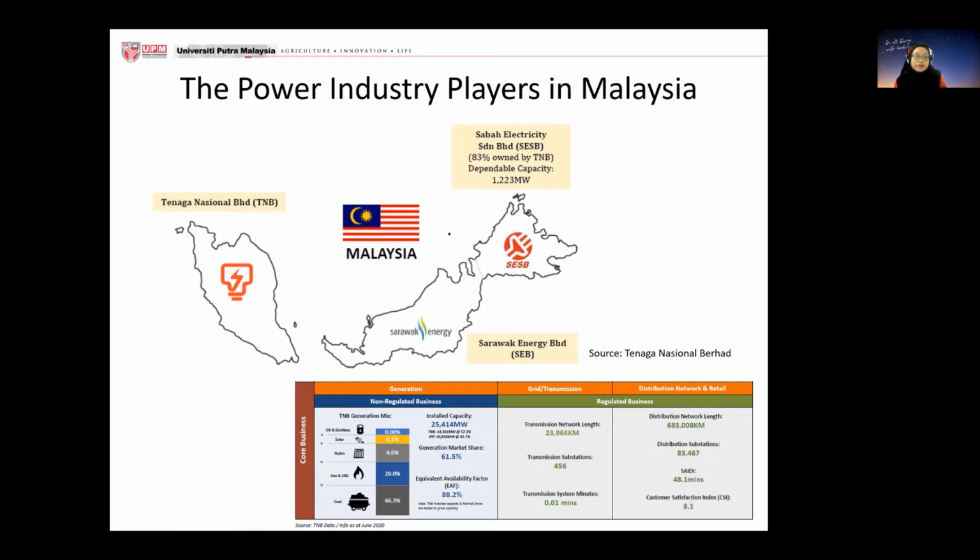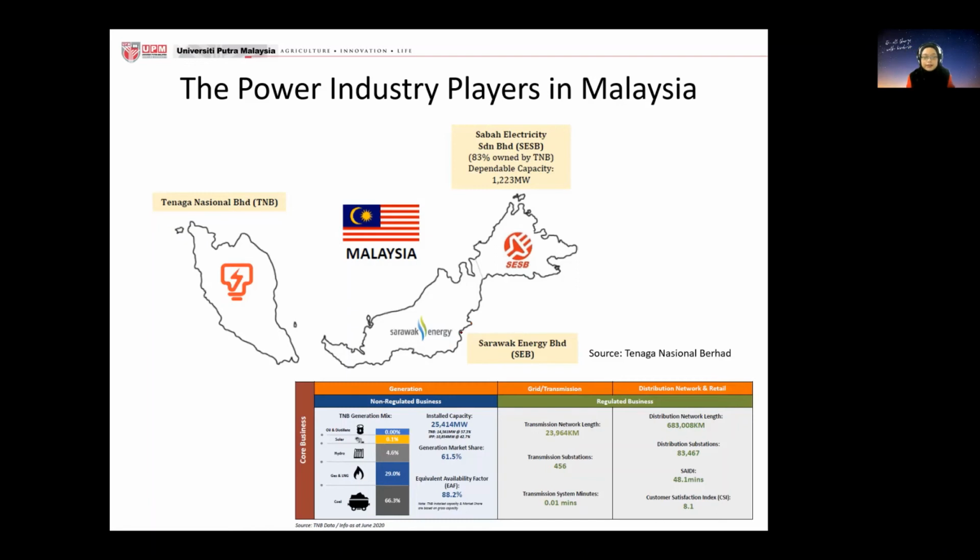Then in Sabah and Sarawak, we have Sabah Electricity Sdn Berhad, SESB, which is 83% owned by TNB. And then we have Sarawak Energy Berhad, SEB, which is under the purview of the Sarawak government.